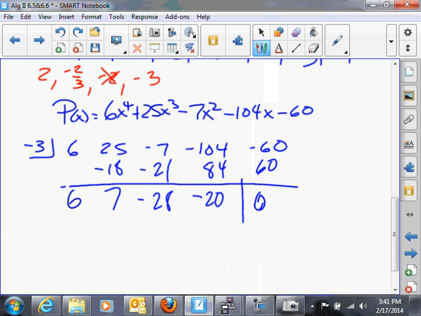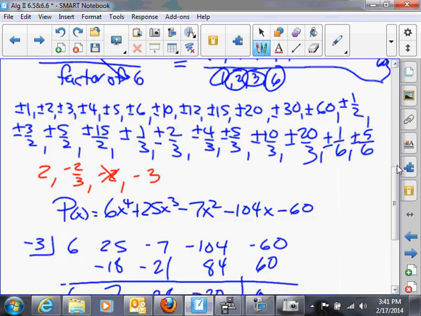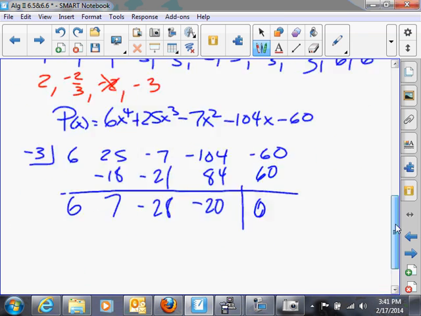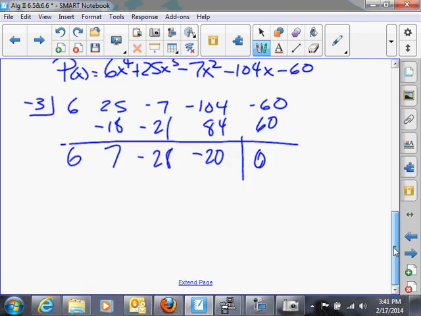All right, now, for the second round, what's going on here? Let's use the -2/3, because there's something I'd like to show you here. -2/3. Now, I'm going to go ahead and just use the numbers to the left of this up and down line here.